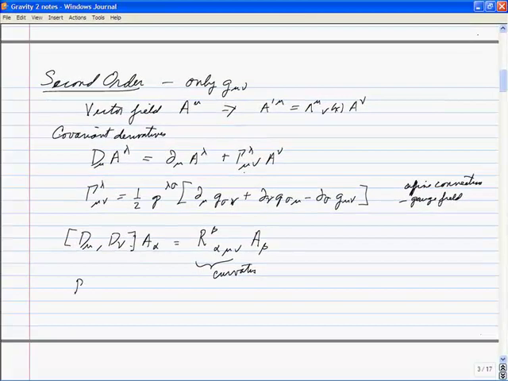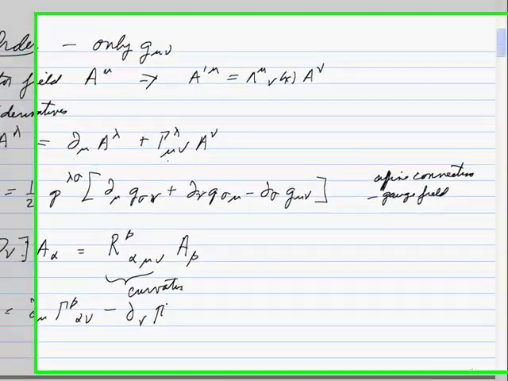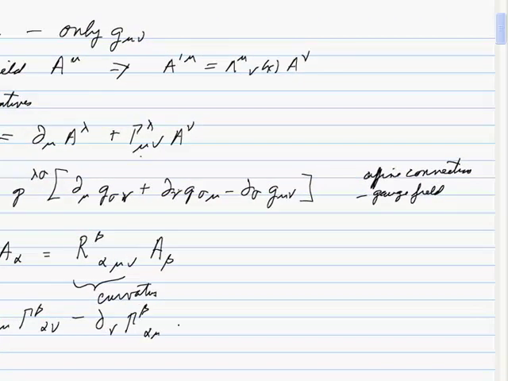So again, R beta alpha mu nu turns into d mu gamma beta alpha nu minus d nu gamma beta alpha mu plus gamma lambda gamma beta alpha nu lambda mu minus gamma lambda gamma beta alpha mu lambda nu.